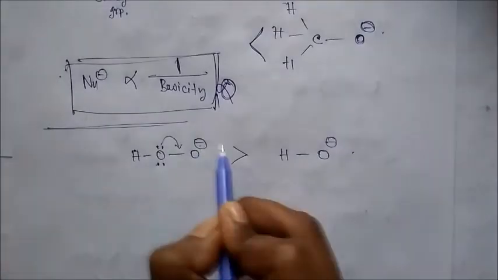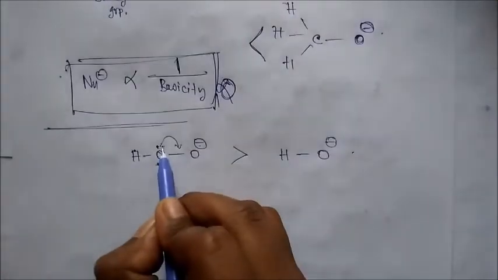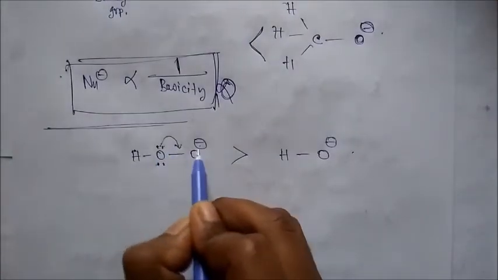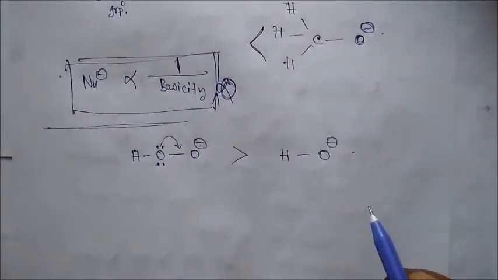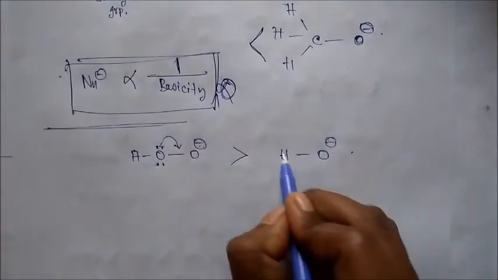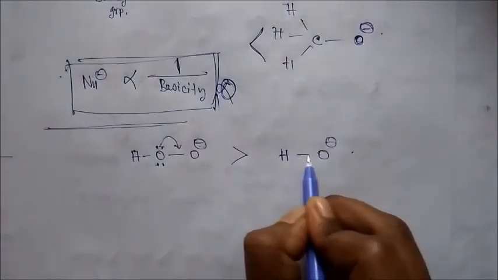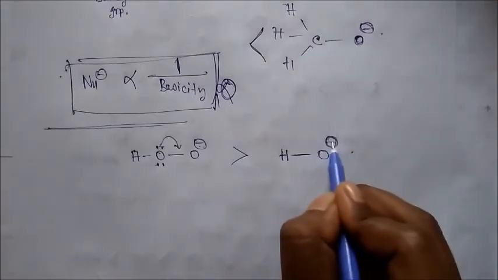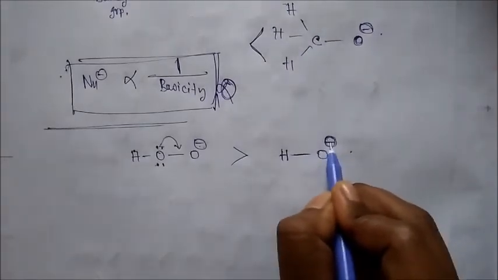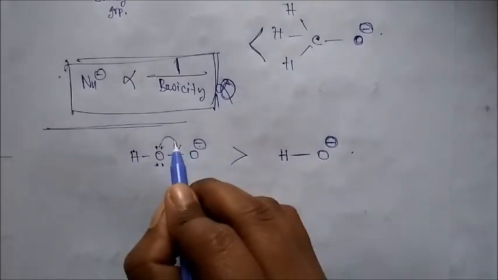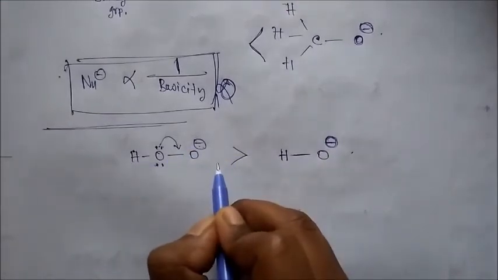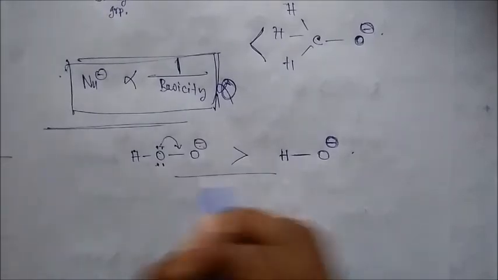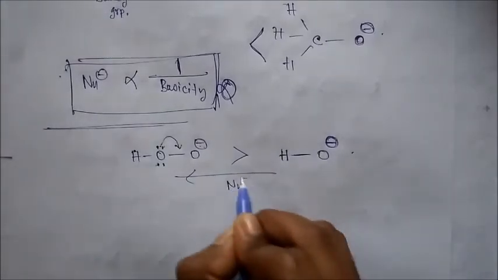So this lone pair is increasing the electron density on O minus. Here there is no lone pair group, so there is nothing to increase the negativity or the charge density here. So here is the greater charge density, so greater is the donating ability. So nucleophilicity will be in this order.